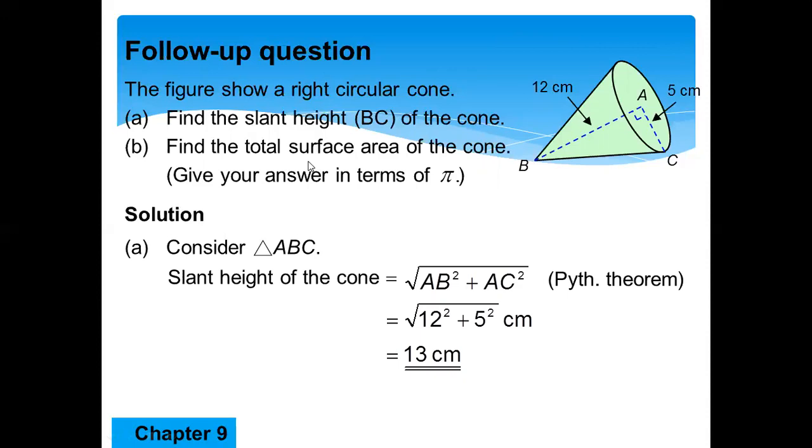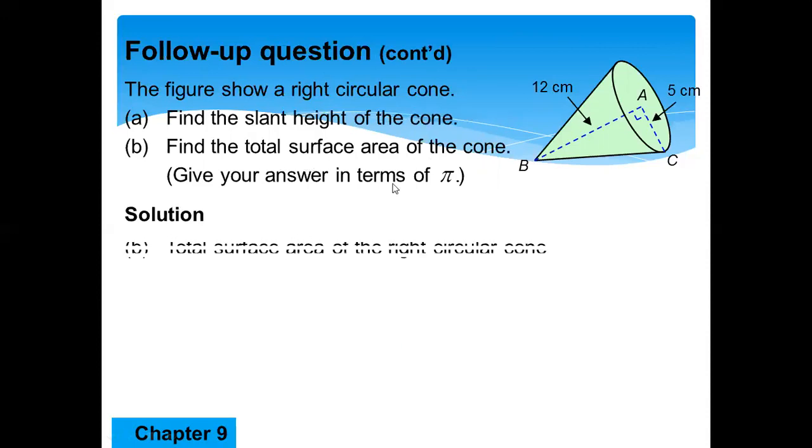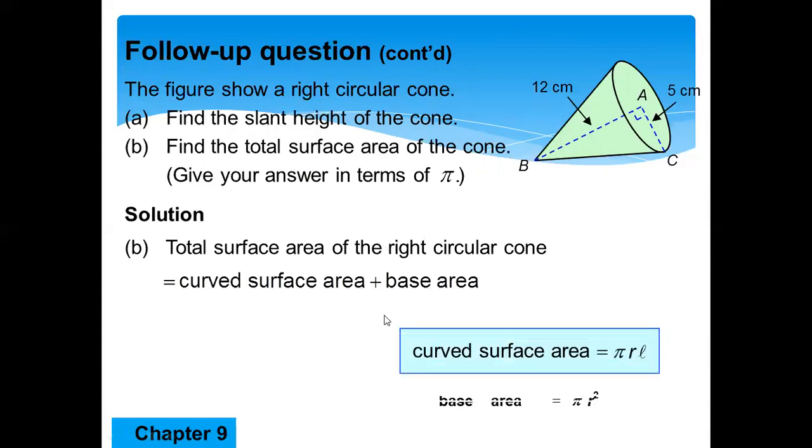Hence, we can find the total surface area. It's the curved surface area and the base, with their formulas. 13 is L, while 12 is the height, not L, okay? L is 13.